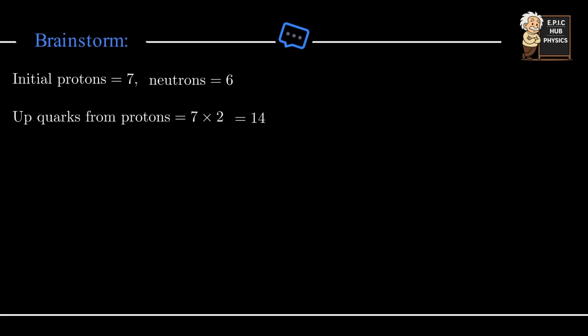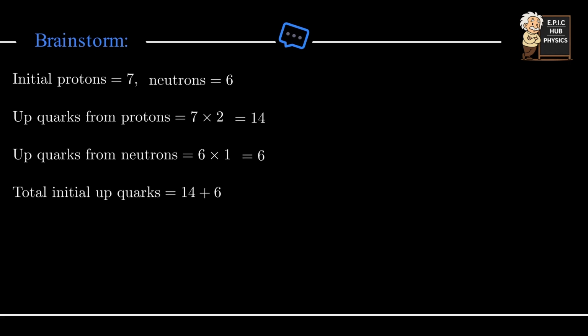Next, we consider the neutrons. Each neutron contains 1 up quark, so the number of up quarks from the 6 neutrons is 6 times 1, which gives us 6 up quarks. Thus, the total number of up quarks in the initial nucleus is 14 from protons plus 6 from neutrons equals 20 up quarks. Now, let's focus on the beta plus decay.